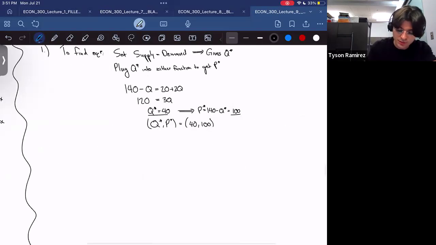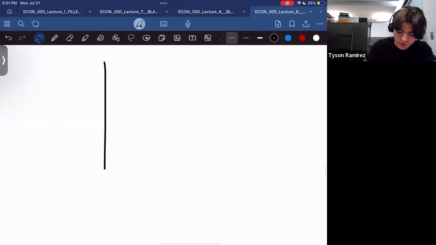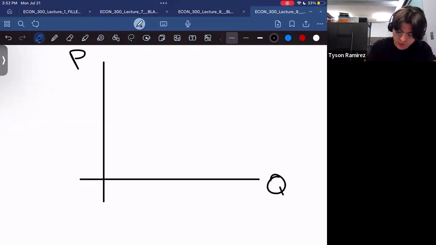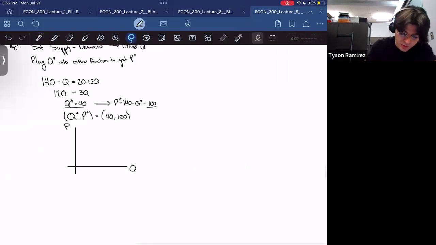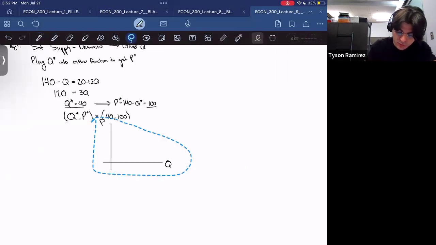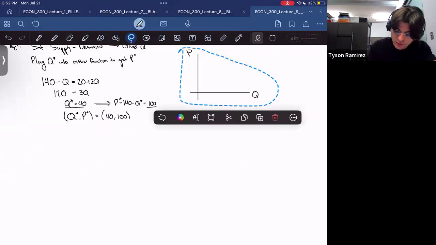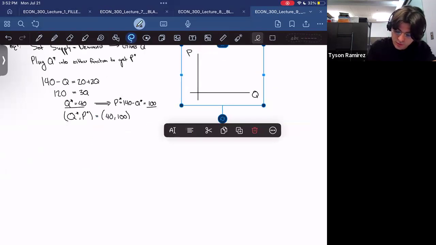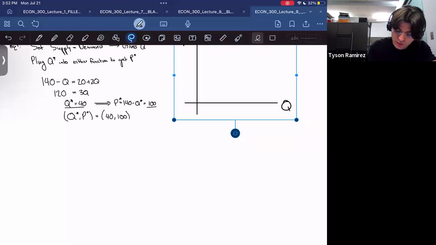So that's equilibrium in this market. And then graphically, this would look like this. Let me move this up just a little bit. There we go. Make that a little bit bigger now that I have some space.